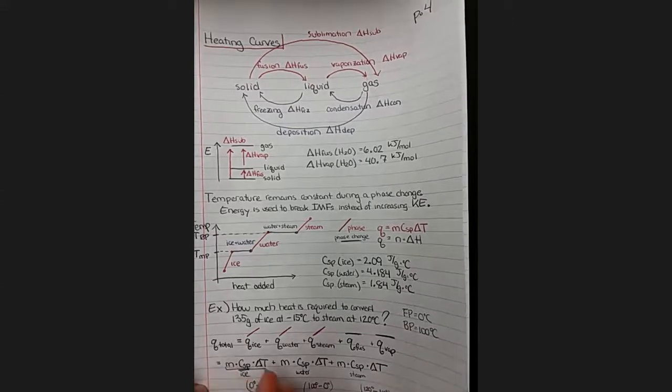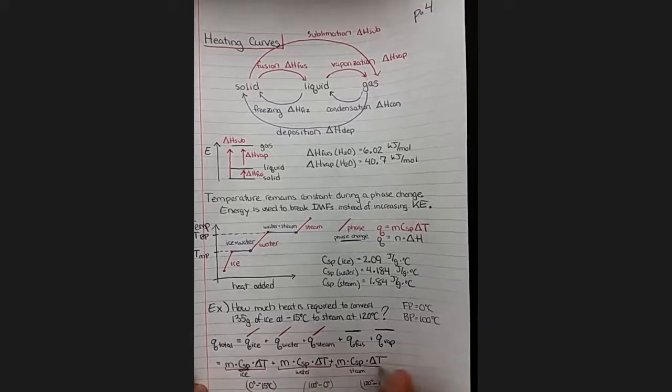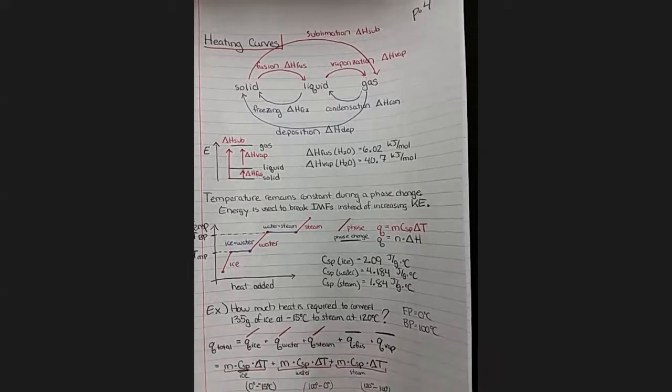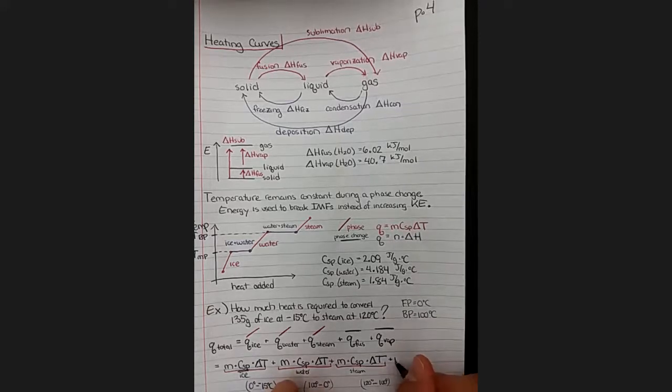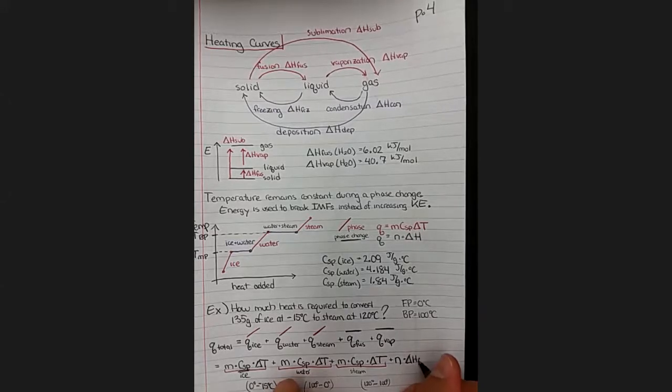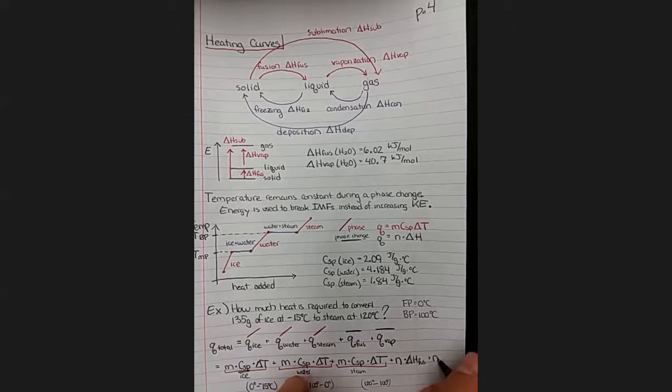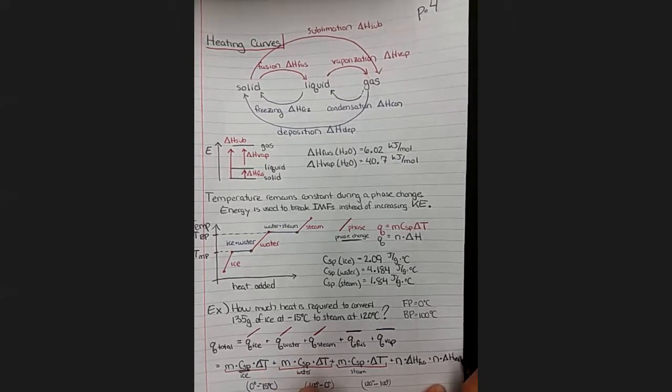Those are our three phase pieces. And then for the phase change pieces, those are going to be the number of moles of ice times the delta H of fusion, and the number of moles of water times the delta H of vaporization.